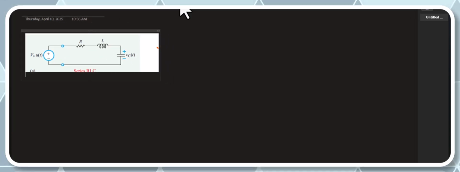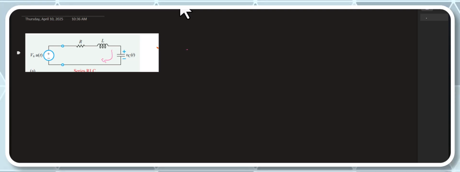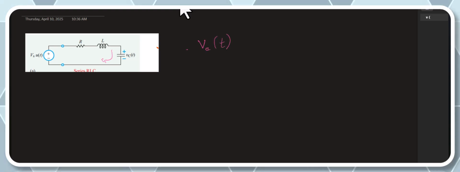So we know that the voltage for the capacitor is VC of t. So if I do a KVL going around this direction, then I would get VC of t and then minus Vs. Now you'll notice Vs has the unit step function, so we're saying we just start it at 0.